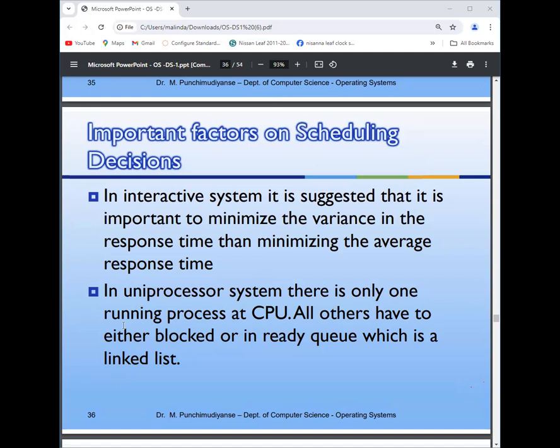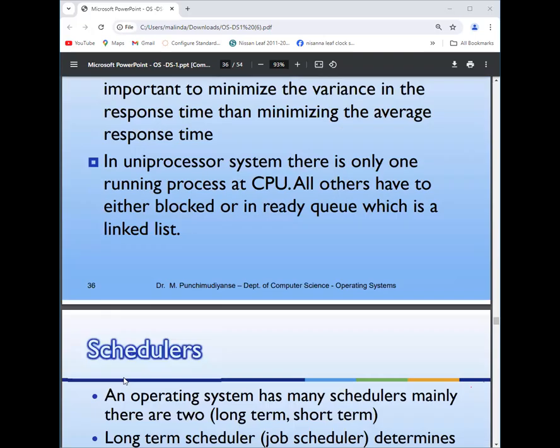That means it's a list with pointers from the top job to the bottom slot. So that sort of list is maintained when it comes to the ready queue, right?